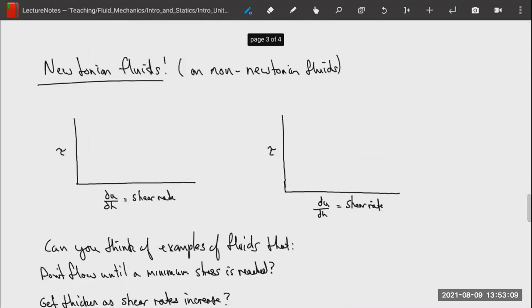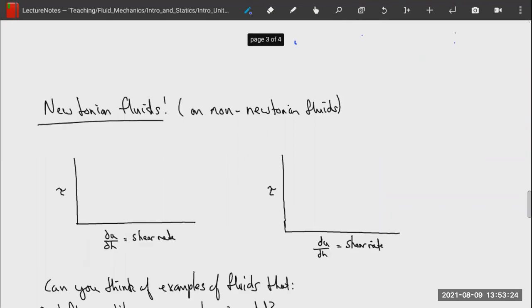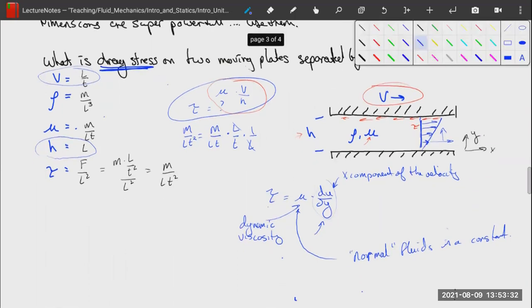So let's look at what Newtonian fluids look like. Newtonian fluids, if you have two plates like this and you're calculating the shear stress, then as you change the shear rate, now the shear rate is the rate of change of velocity between the two plates. So if we look at these two plates again, the du dy is a shear rate, right?